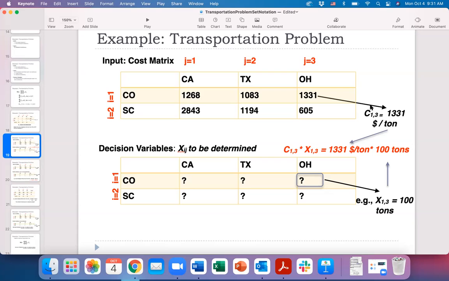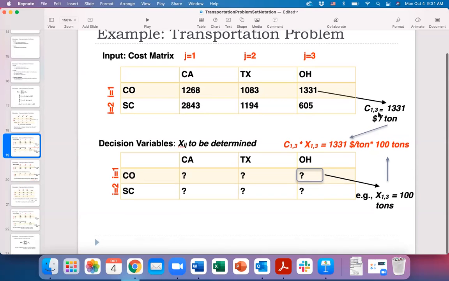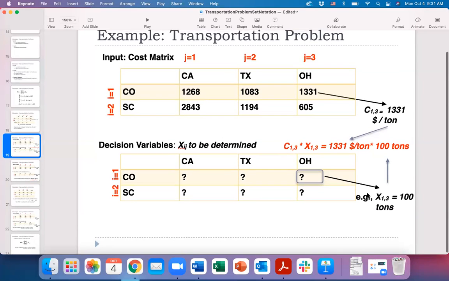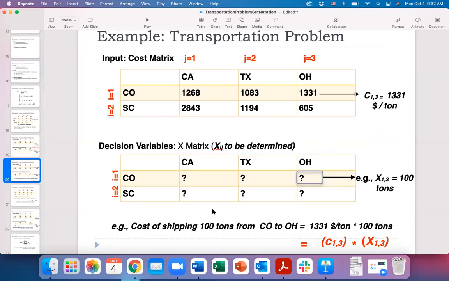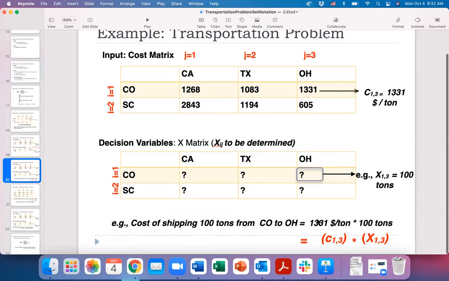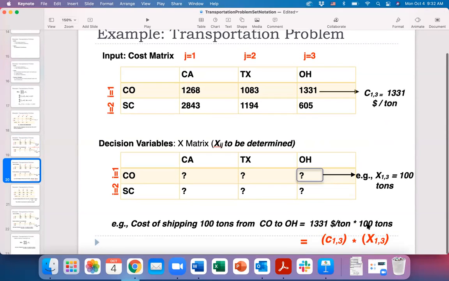We abbreviated this unit shipment cost using C sub 13, but this notation effectively refers to this unit cost, 1,331. Well, that's for just 1 ton. If we're told we're shipping 100 tons between Colorado and Ohio, then we multiply this cost with 100 and we get the cost of shipping 100 tons from Colorado to Ohio. $1,331 per ton times 100 tons. That'll give us the cost.